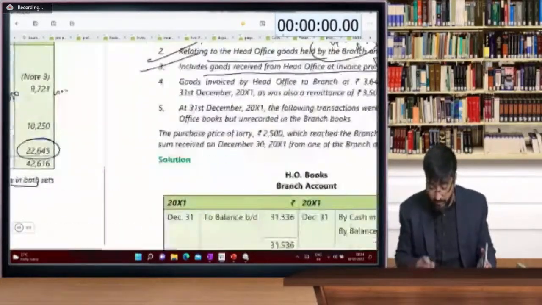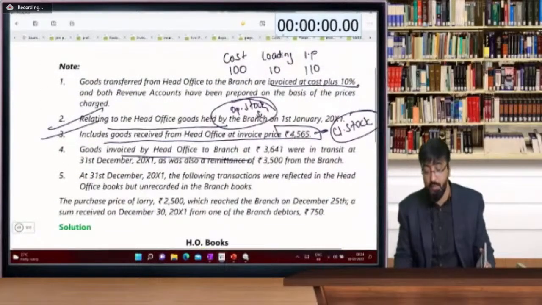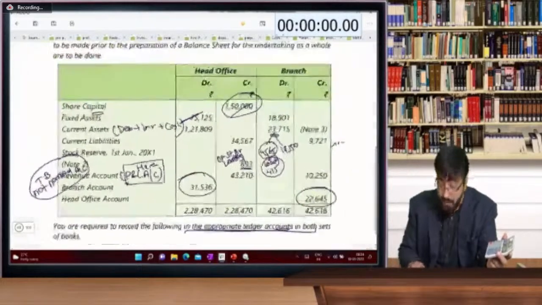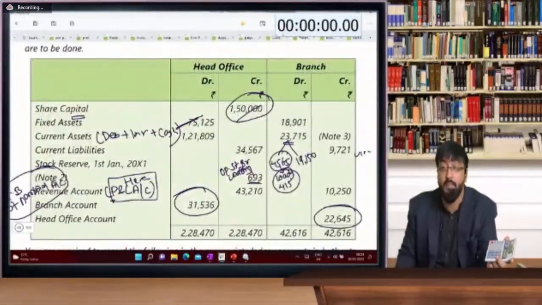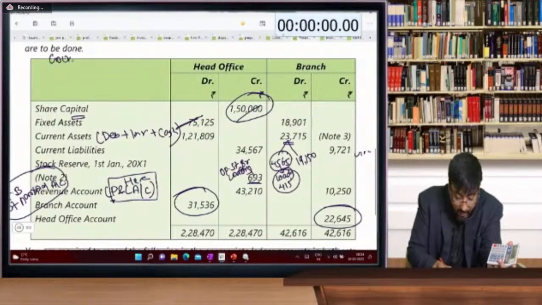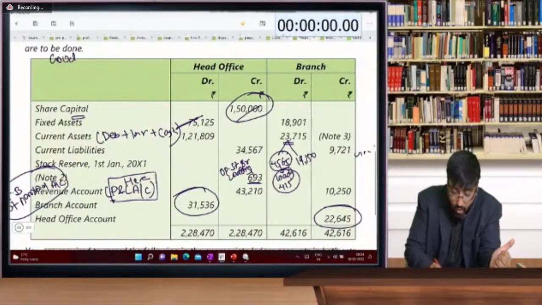Next one. Goods invoiced by head office to the branch, 3641, were in transit. The goods were sent by head office but are in transit, so not recorded by the branch. So update your trial balance.